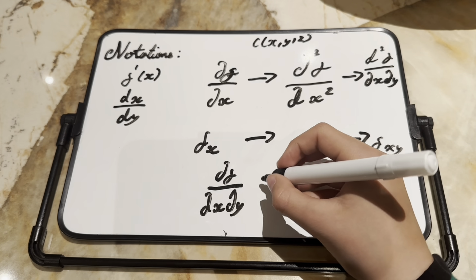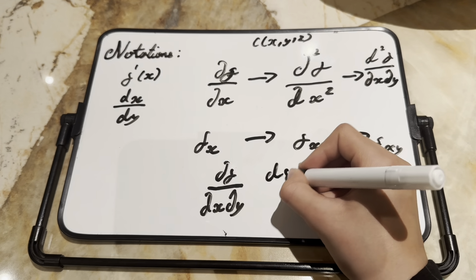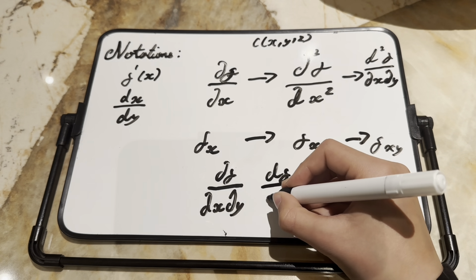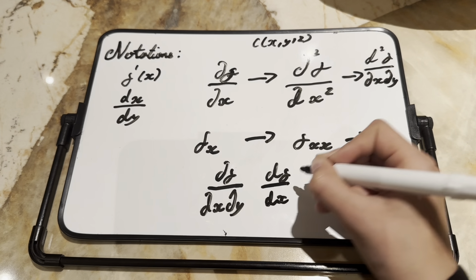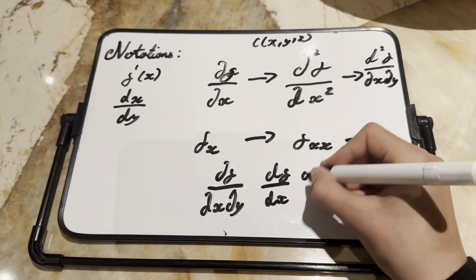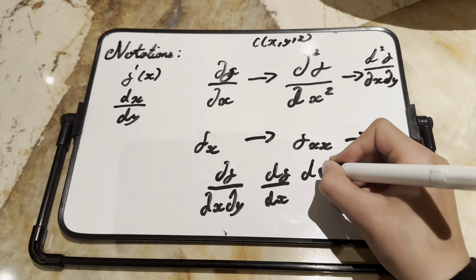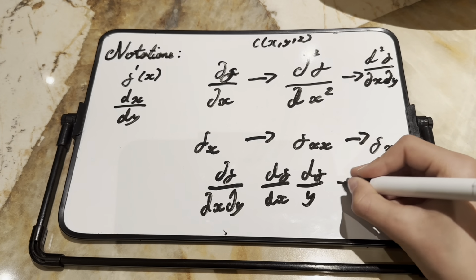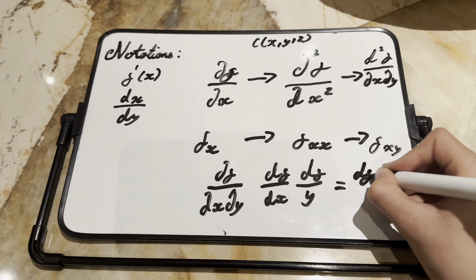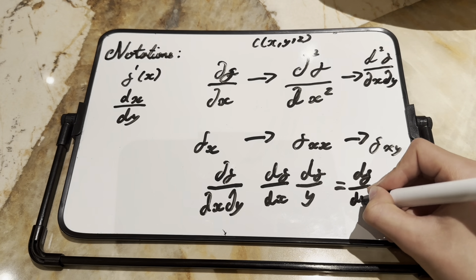If we first find the partial derivative with respect to x, and then with respect to y, that is the same as finding it first in respect to y.